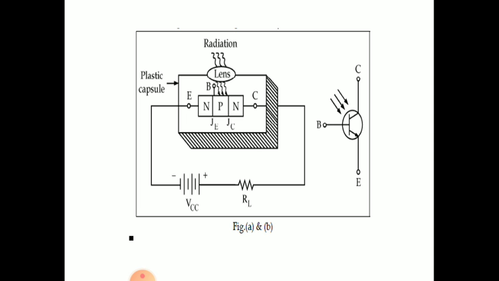It is an NPN transistor with emitter junction and collector junction, and the radiation through a lens is made to fall on the base P. The emitter and collector are connected to the external DC voltage VCC. The emitter N is connected to the negative, and the collector N is connected to the collector terminal, and it is enclosed in a plastic capsule.